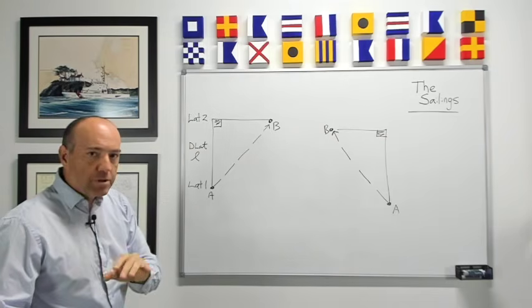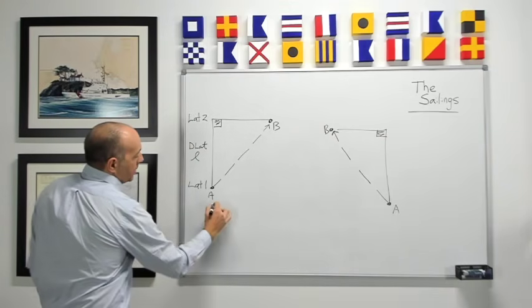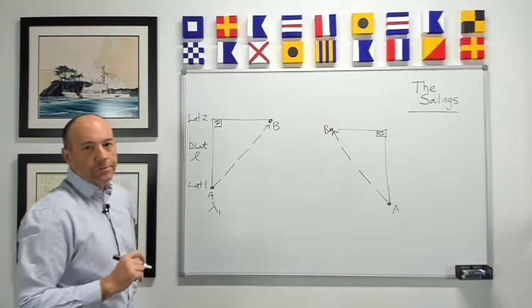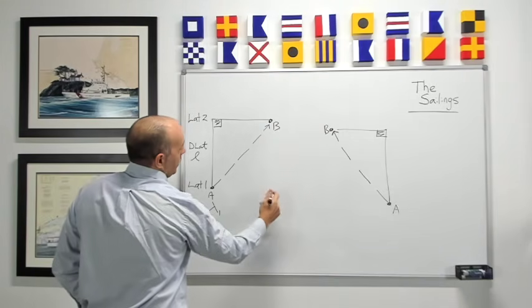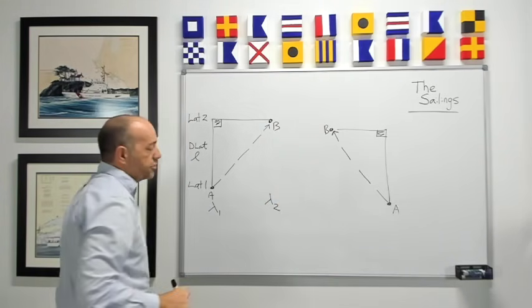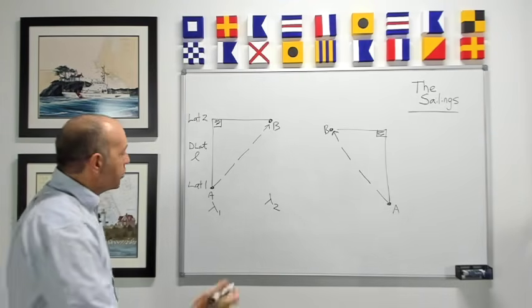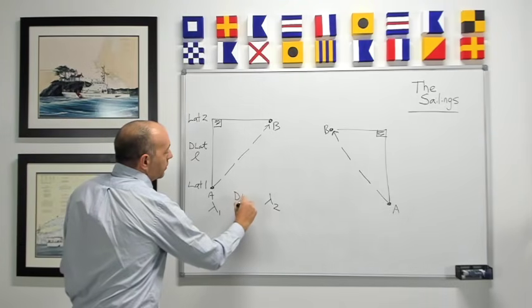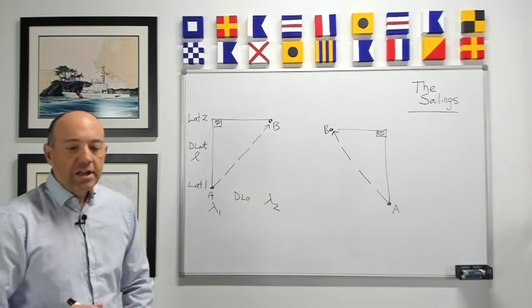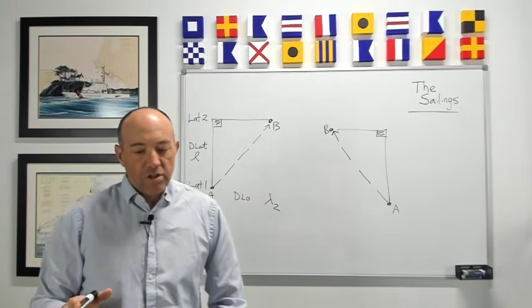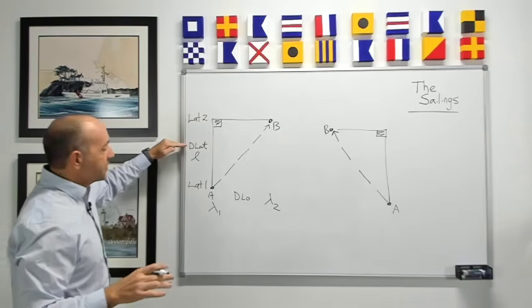Longitude, similar vibe, but different structure. Lambda is the symbol for longitude, so lambda 1 and lambda 2. Those are your two different longitude lines. The difference between them would be delo, or difference in longitude. The difference in longitude is also an arc, just like the difference in latitude.